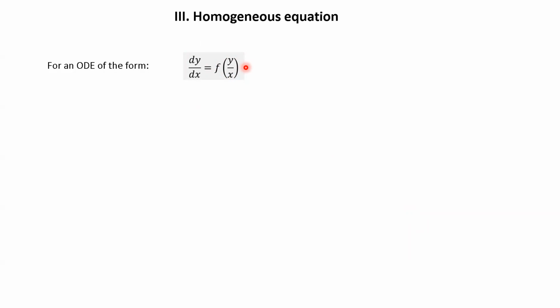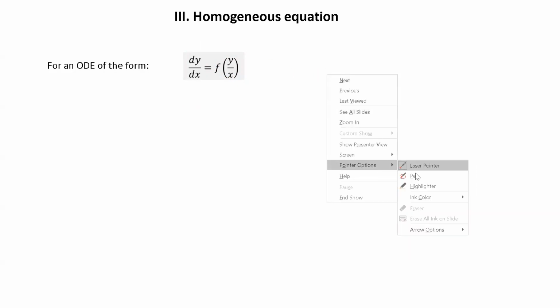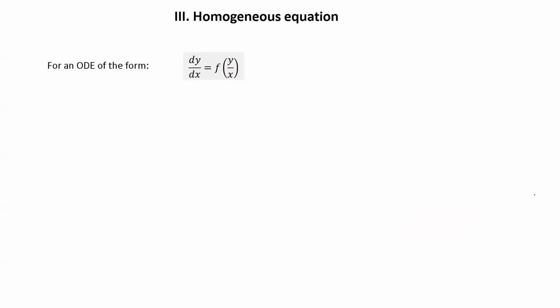What is the definition of a homogeneous function? This is just a name, but it's good that we know what it means. Let me write down a function; it can be a multiple variable function, but let's say I have a function of 2 variables, f(x, y).